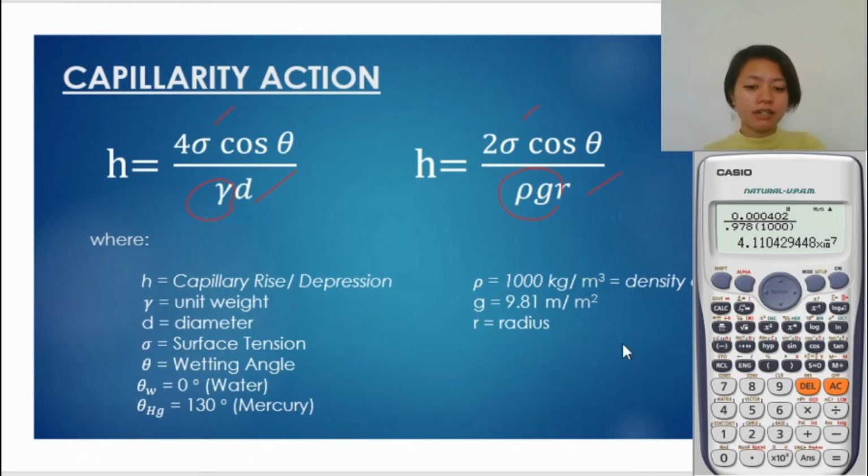Then, balik na punta sa basic nga value sa atong density sa atong water. Then, standard yung value sa atong gravity, 9.81 meters per second squared.